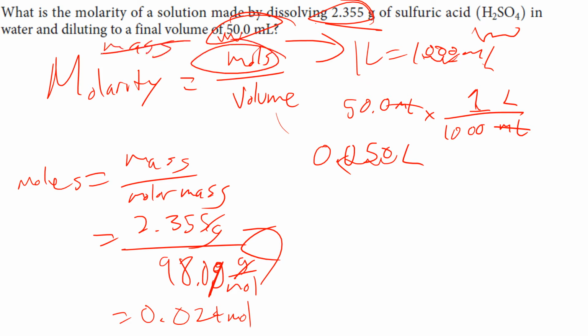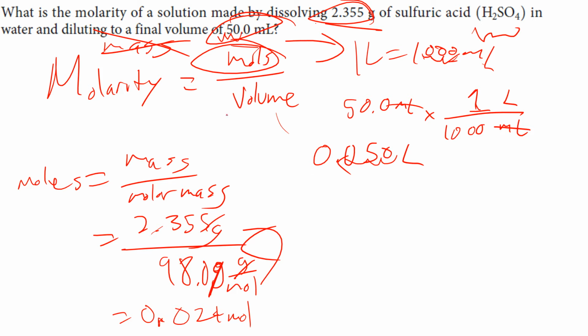We don't use mass. And oftentimes in chemistry, we don't really like working with mass because mass tells us nothing. Moles tells us more because moles tells us about the individual molecules, how many molecules or how many compounds or how many atoms there actually are. Mass doesn't give us that information. We almost always want to convert to moles when we have mass. Okay, so 0.024 moles.